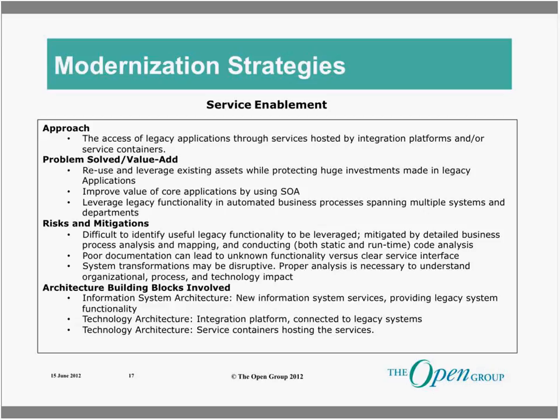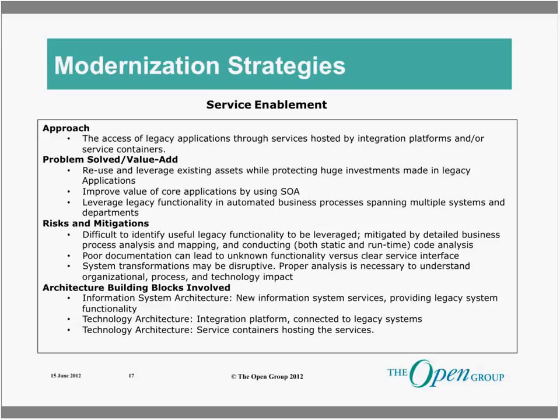System transformations may be disruptive, so proper analysis needs to happen to make sure that the impact on organizations' process and technologies is fully assessed. And what kind of architecture building blocks are involved in this modernization strategy?